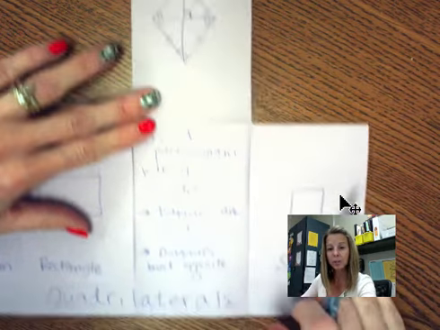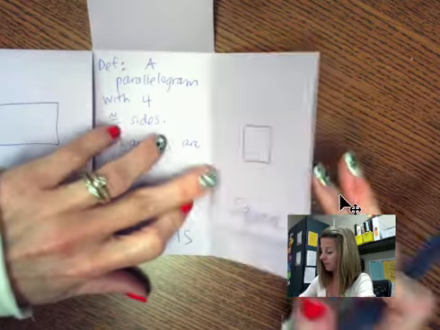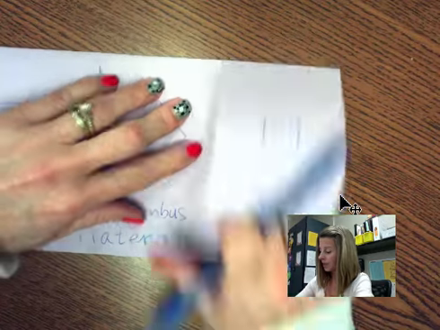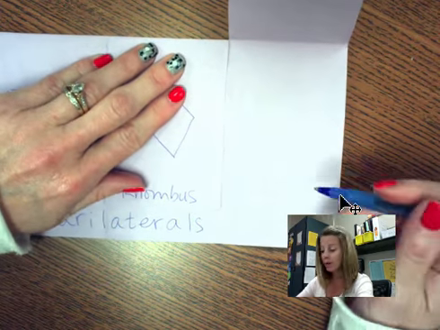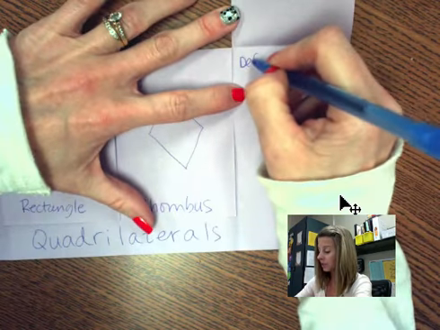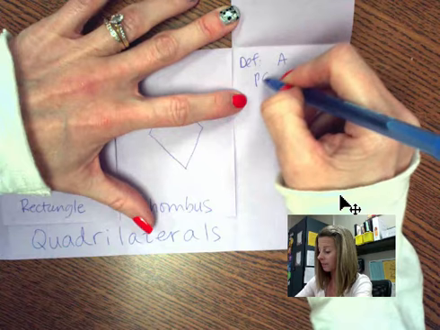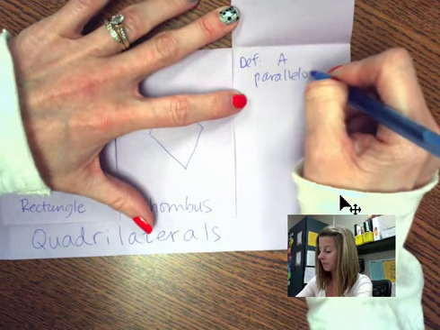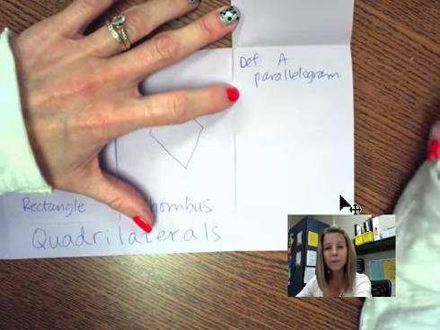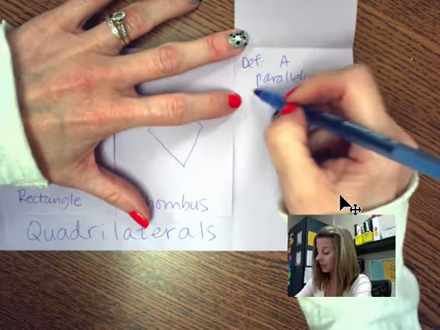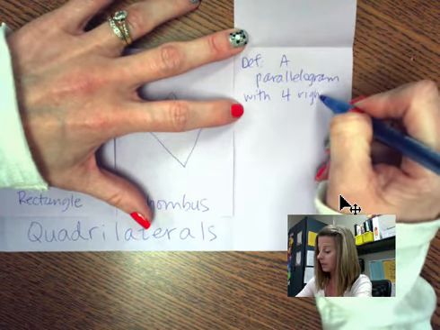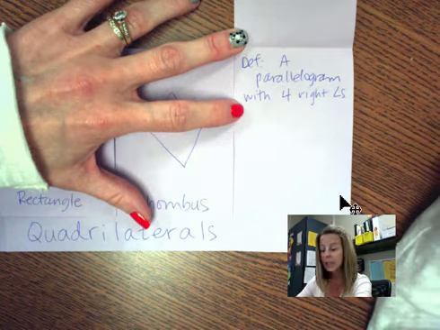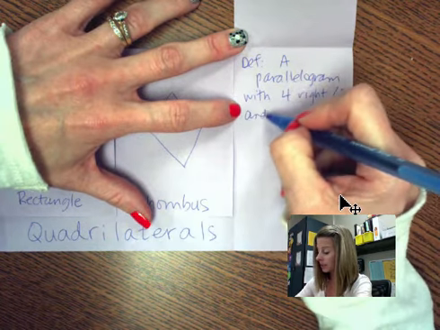Okay, let's finish up with square. A square is also a parallelogram with two other items. So the definition is a parallelogram with 4 right angles and 4 congruent sides.